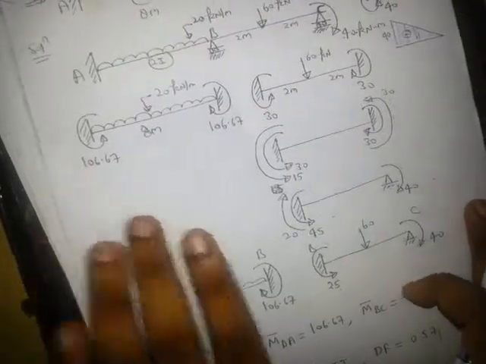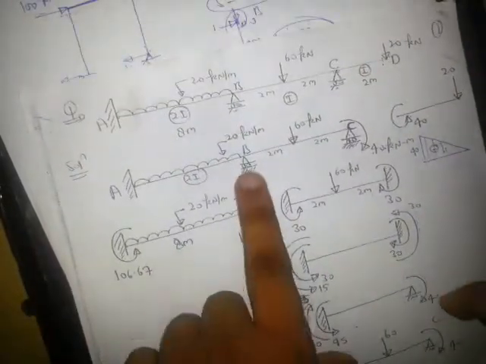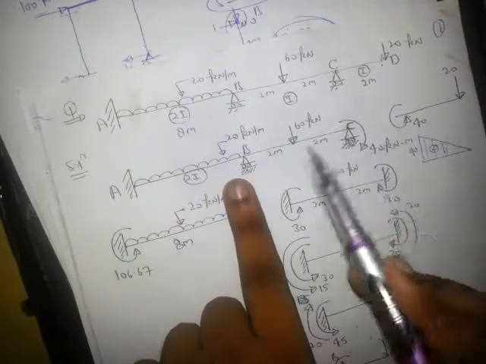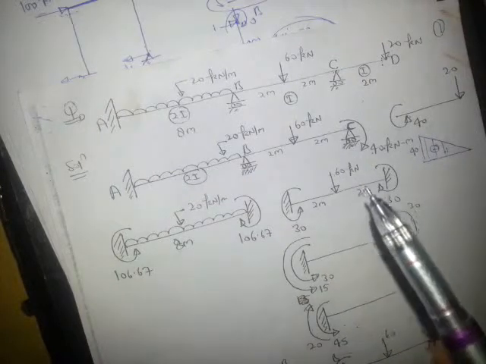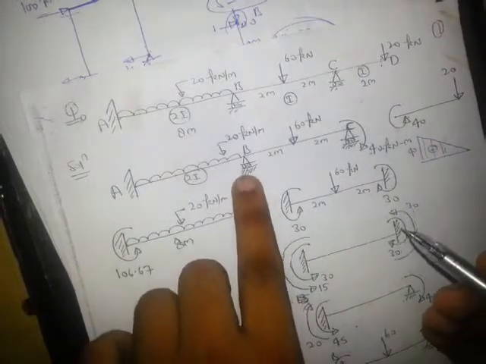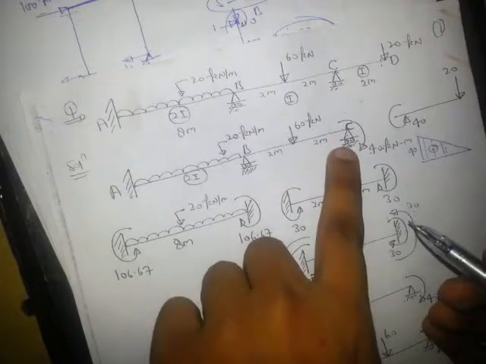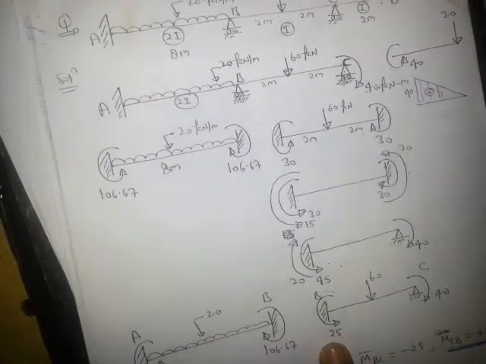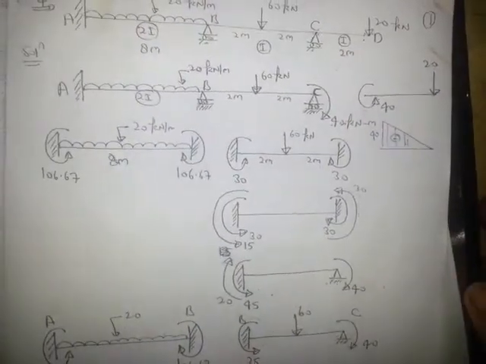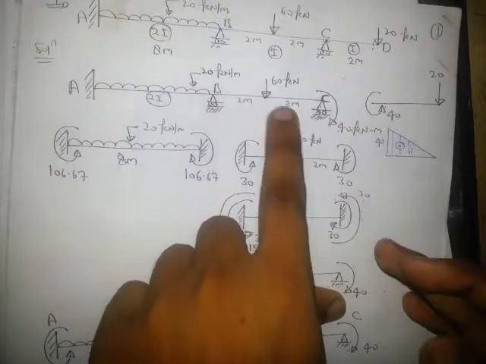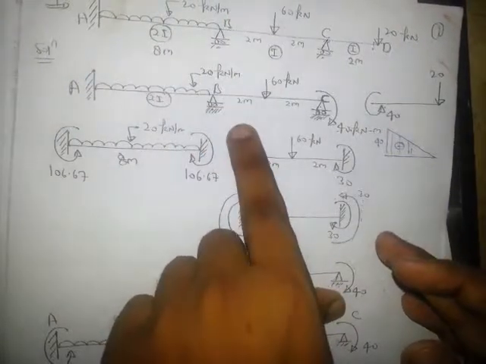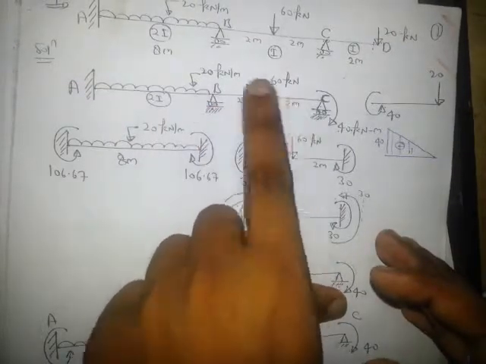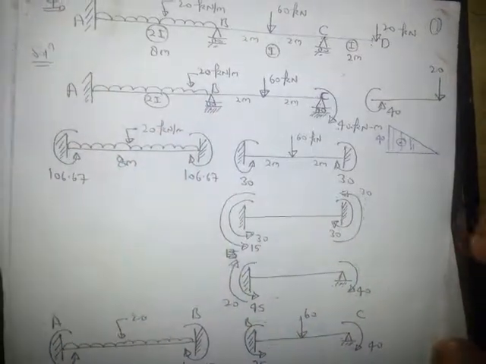So in order to calculate, I write the slope deflection equation at joint B. Since the far end is purely hinge, I will write MBC equal to M bar dash BC, meaning this minus 25, and then MBC equal to M bar BC plus 3EI by L, instead of 2EI by L it is 3EI by L, in bracket theta B minus delta divided by L. This is the final.